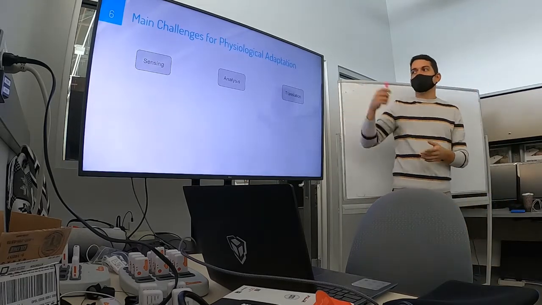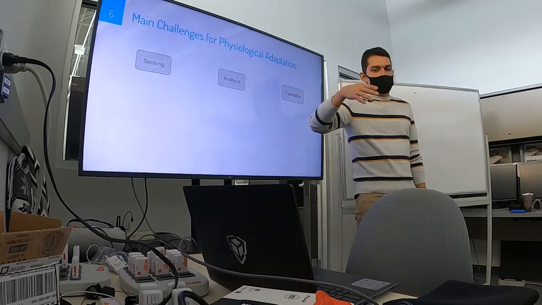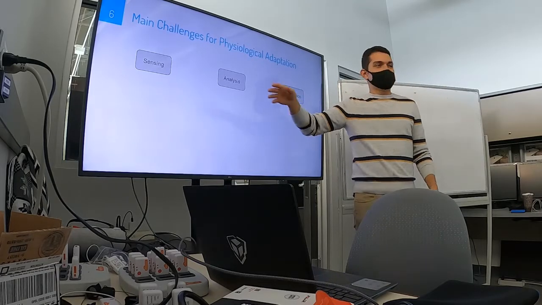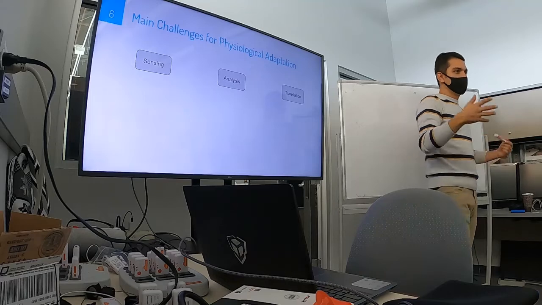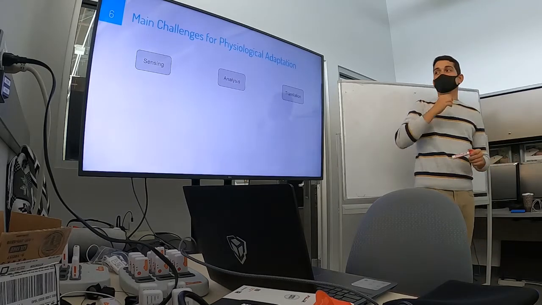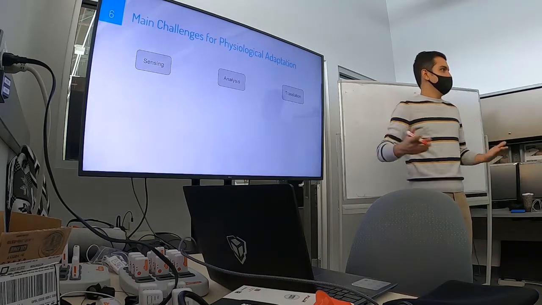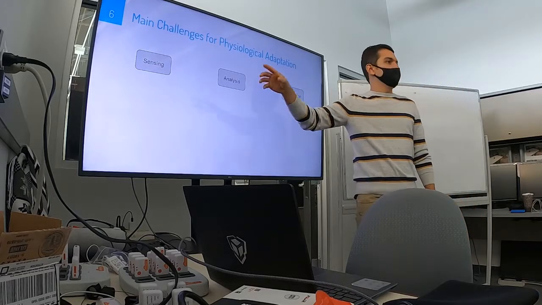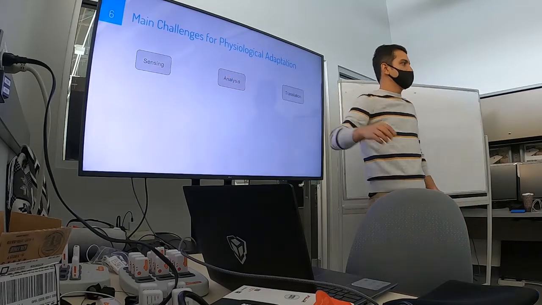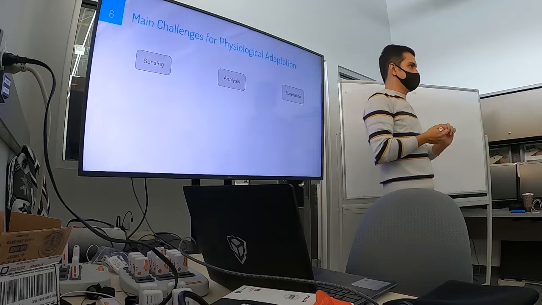So, for instance, we have seen already the sensors and how they work, and what some of the challenges are there. What do you think can be the main challenges in the initial stage, in sensing? Motion artifact.